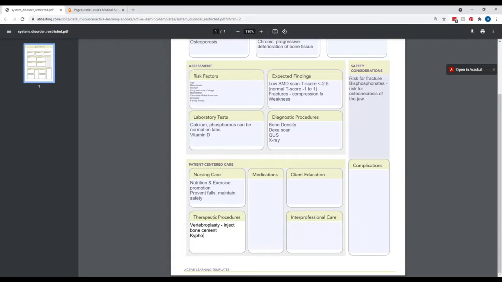Very similar procedure, kyphoplasty. They're going to do the same thing and inject bone cement, but they're going to insert a balloon into the space between the vertebrae and open it up and then inject the bone cement. So for one, they just go ahead, stick it in, and inject the bone cement. With kyphoplasty, they're going to prop it open and then inject it to give it more space and hopefully place it back to where maybe it once was.